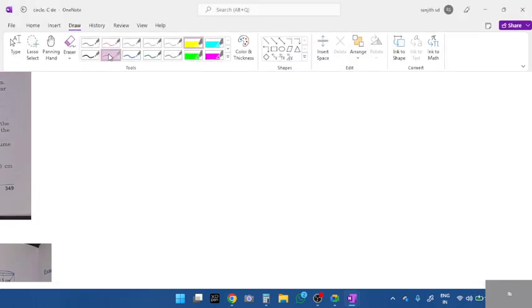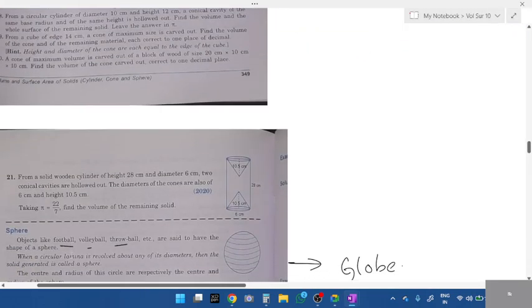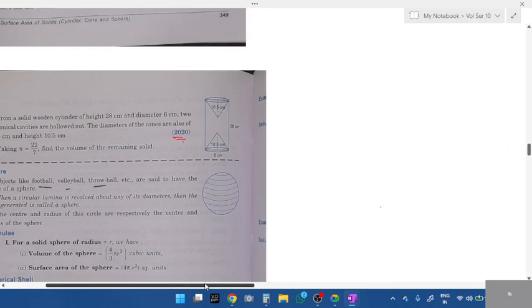Before that, I'll tell you what kind of questions they'll ask. First, let us see the question. See, this is 2020. The last question they asked, both combined together, 2021, 22, I think. If we solve previous year papers, we'll check. Now, combination. This is what I told, combination question. What is meant by combination?